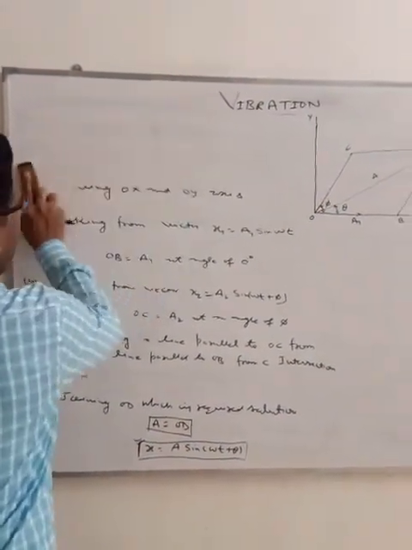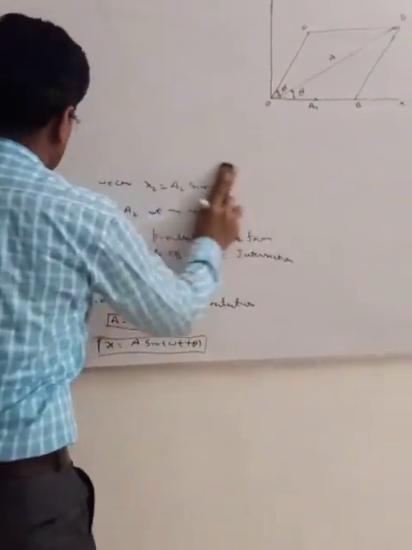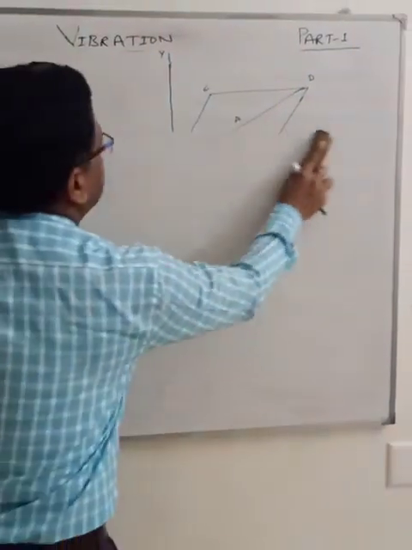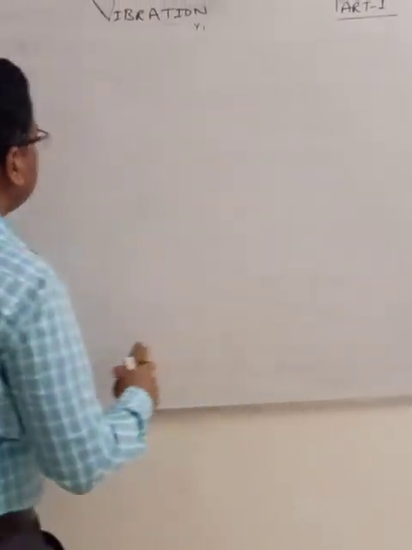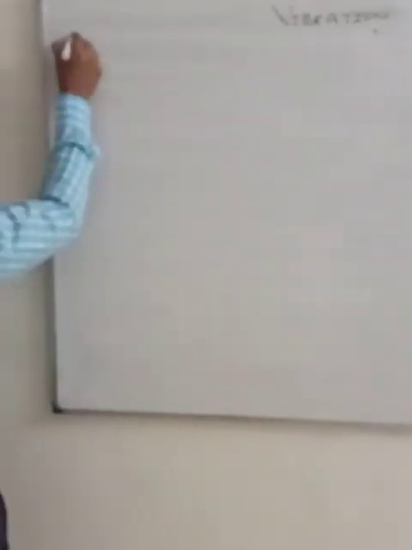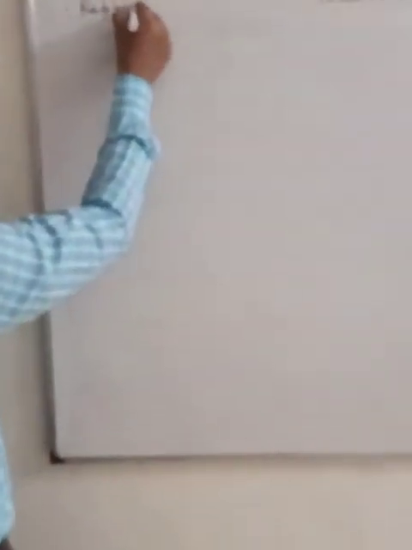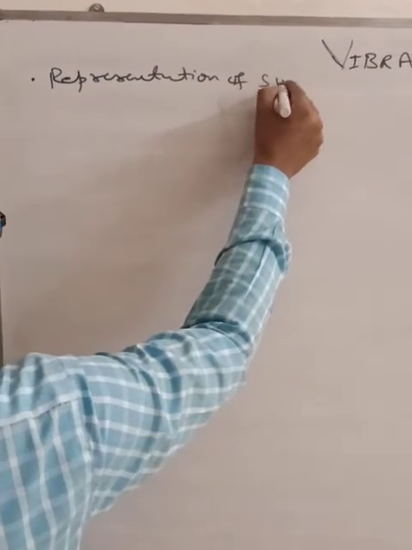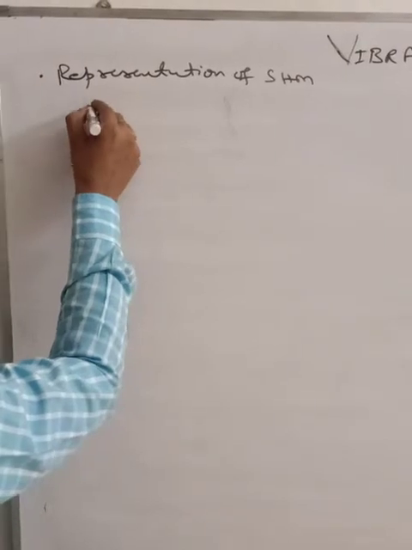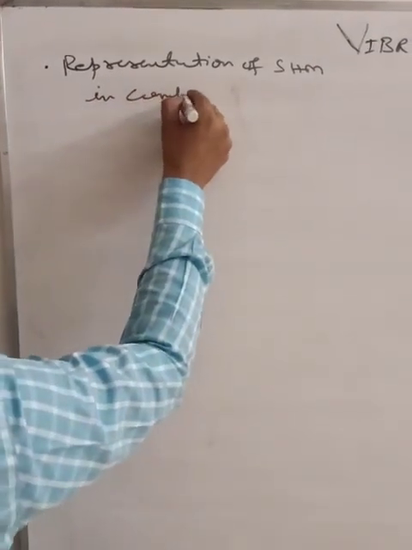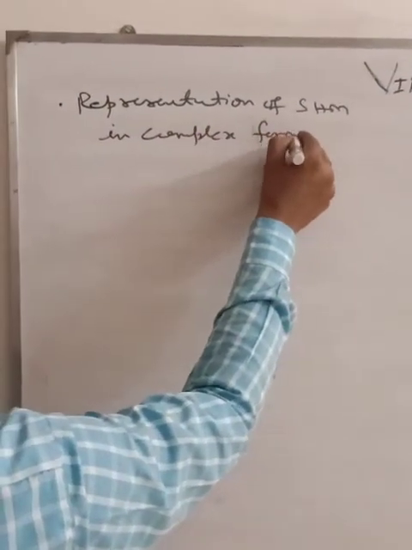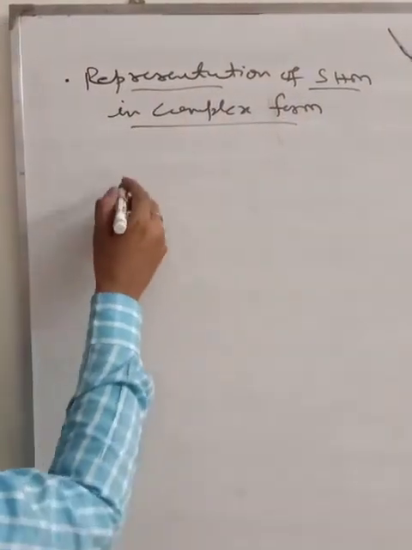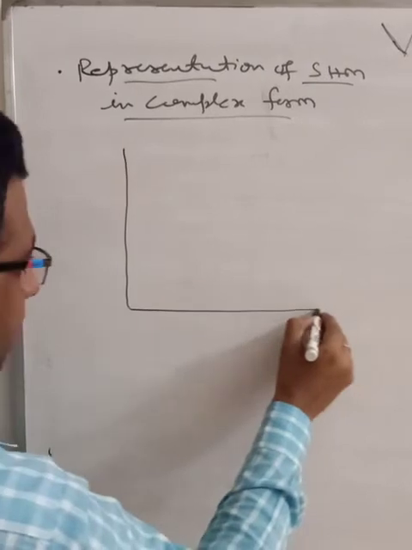Now in simple harmonic motion, we are also considering representation of SHM in complex form. Let us consider a rectangular form in the xy plane.